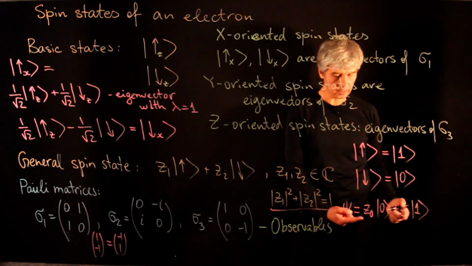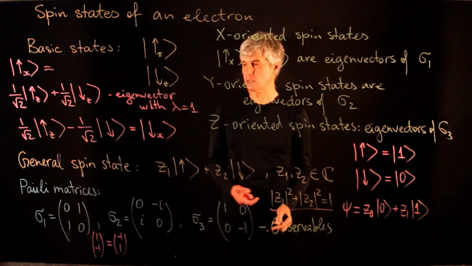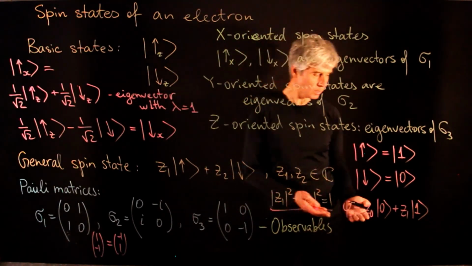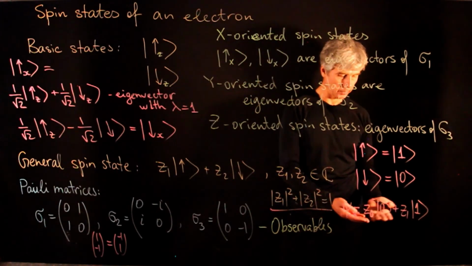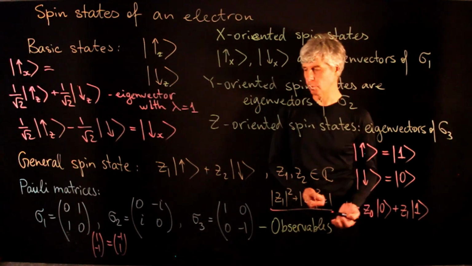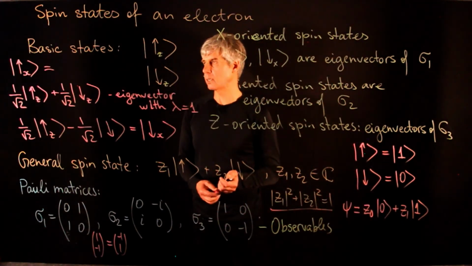And so what we get is that the spin states of an electron can implement a 1 qubit. So this is what we want.